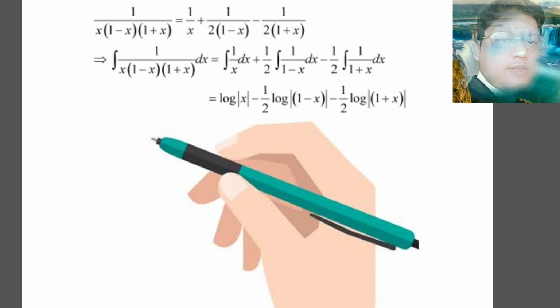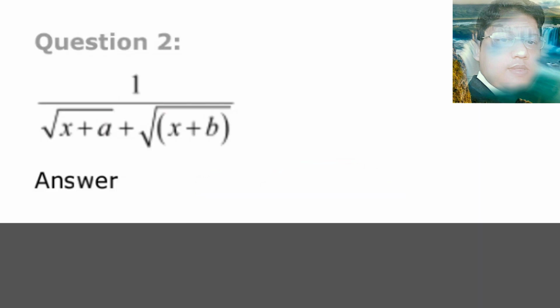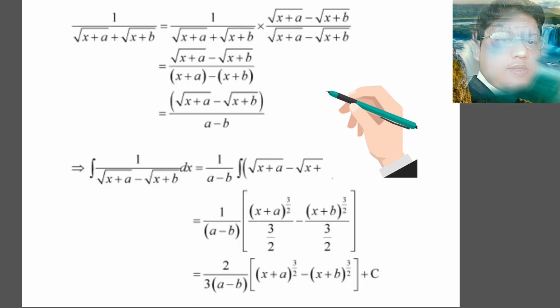If I integrate, my dear students, the integration of 1 upon x is log of x, and for all the other parts I get log. So according to the rules of integration, I integrate on both sides and I get the answer.